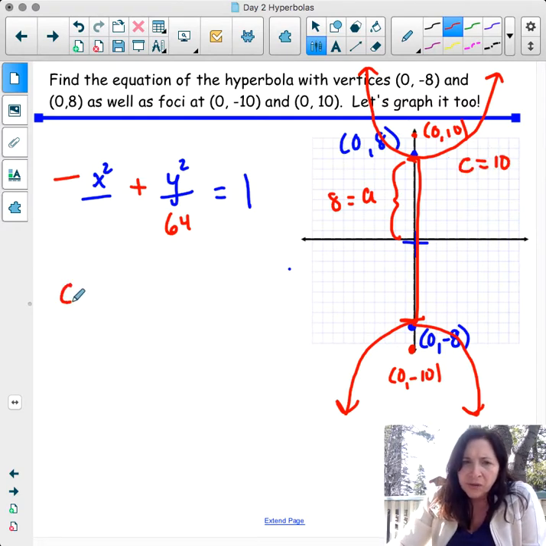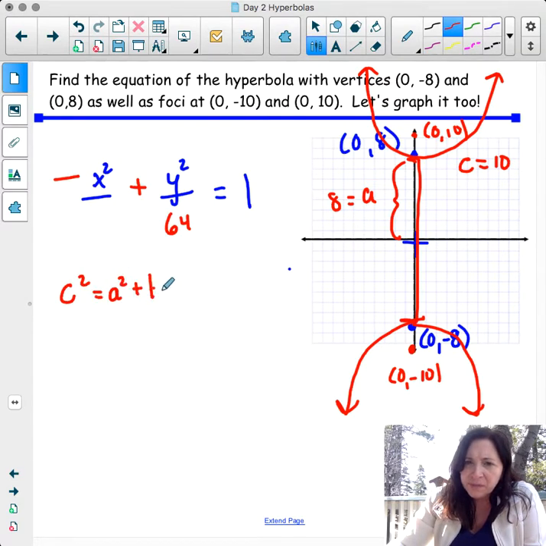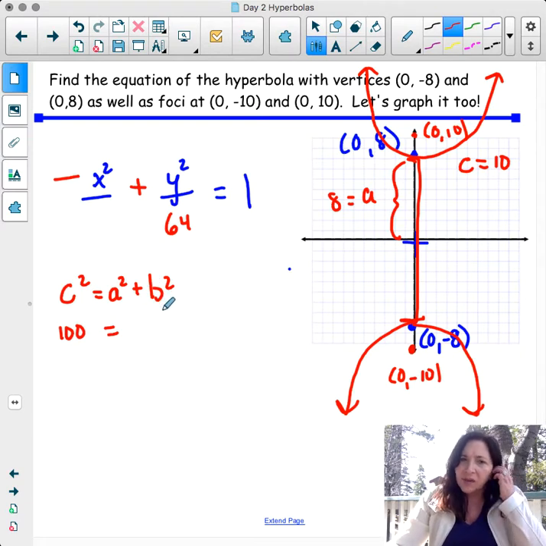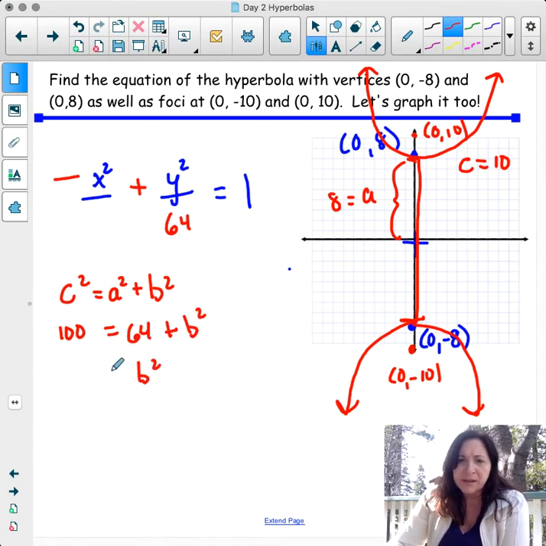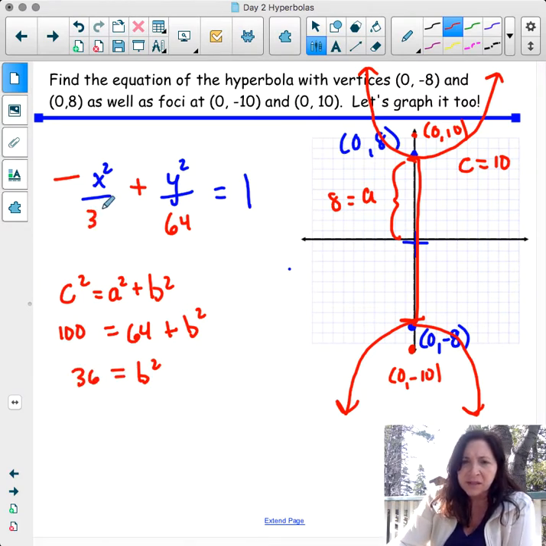We use the formula c squared equals a squared plus b squared. So 100 is equal to a squared, which is 64 because that's your positive axis, plus b squared, which we don't know. Subtracting 64 gives me 36, which means underneath the x term is 36.